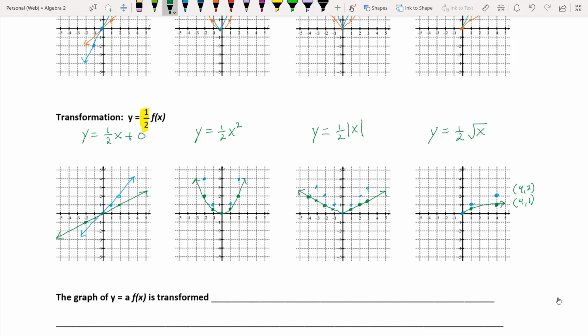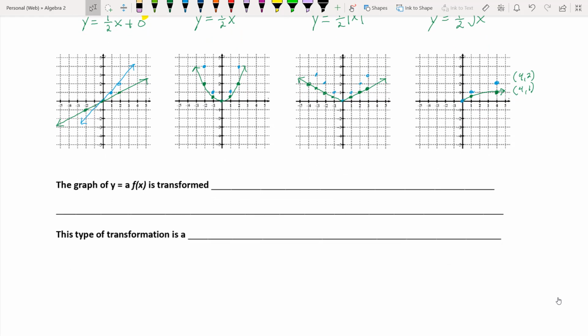Okay, so the graph of y equals a times f of x is transformed by stretching the graph by a multiple of a units.